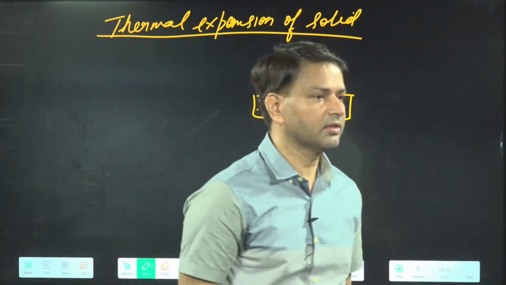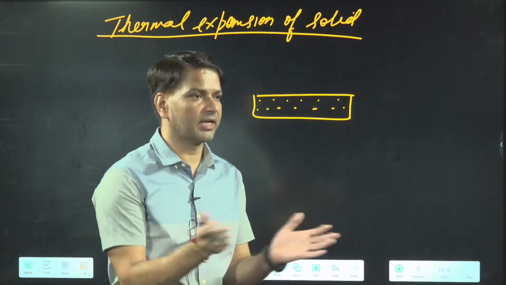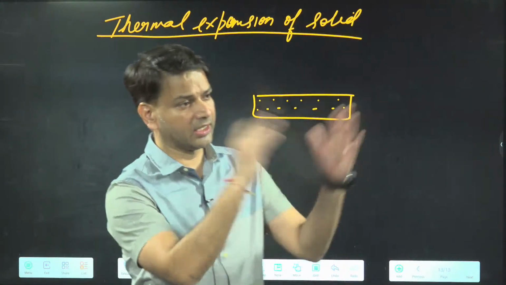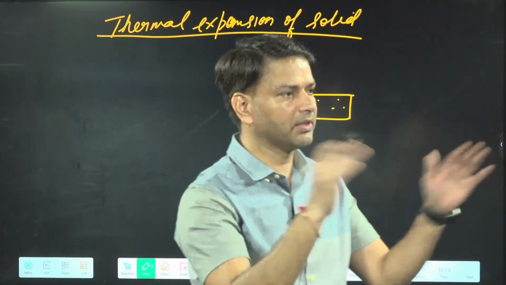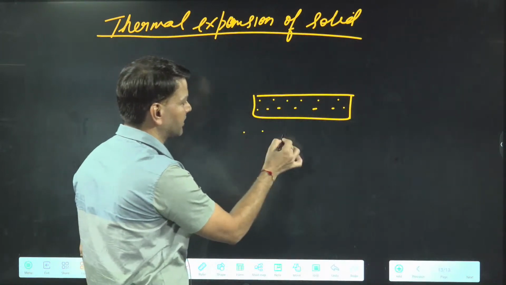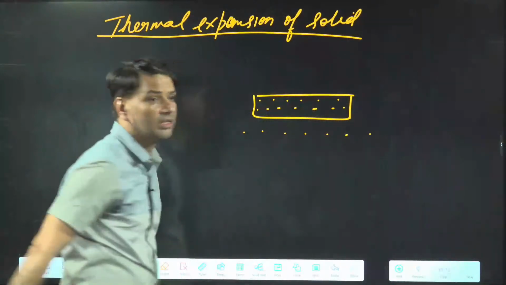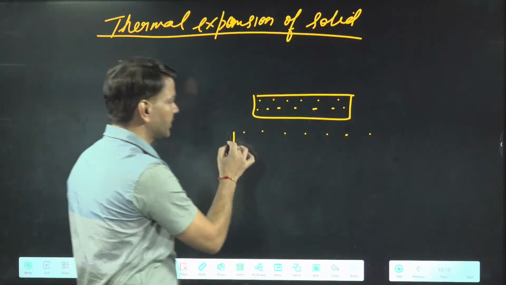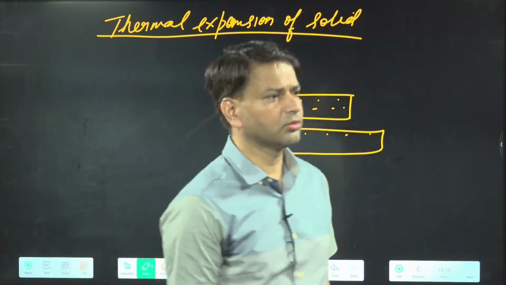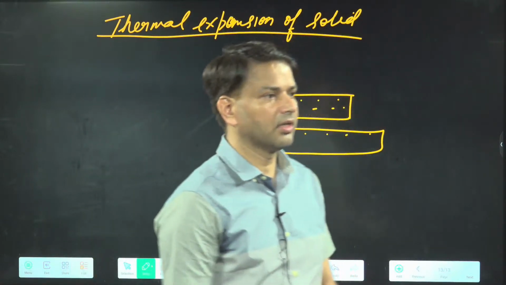When we increase the temperature, they absorb heat and their thermal energy increases, so their vibration increases. At equilibrium, they arrange at a larger distance, so the distance between all the atoms increases. So overall, what you will see? The length of the rod increases. So this is thermal expansion.